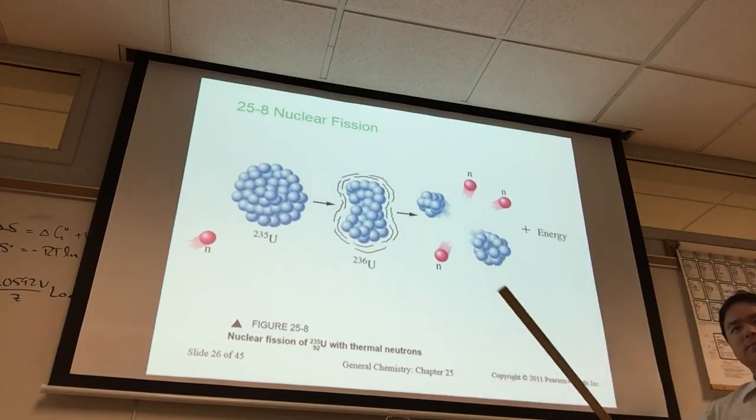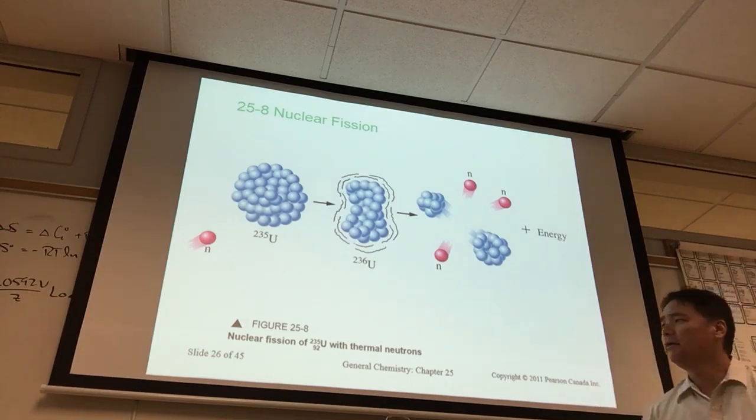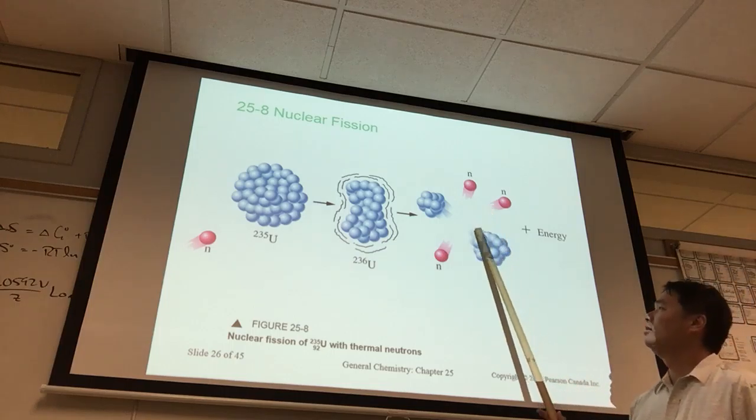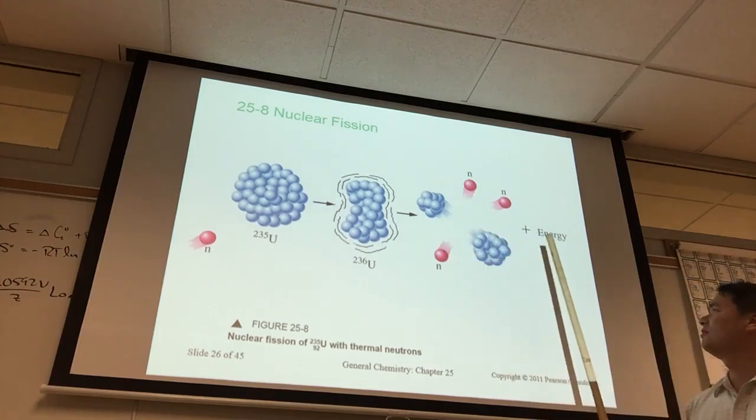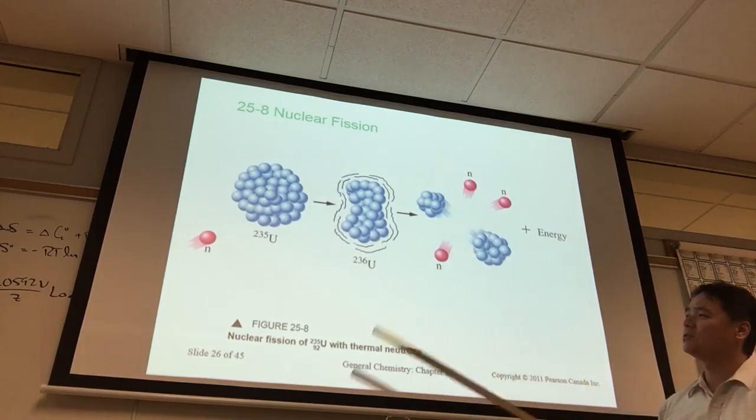And so you set up this thing where quickly this reaction could go out of control. And so basically, to have a chain reaction go off like this and create a nuclear explosion, you have a release of a tremendous amount of energy in a short period of time. That would be an explosion.